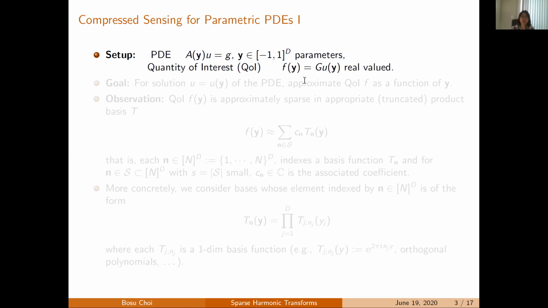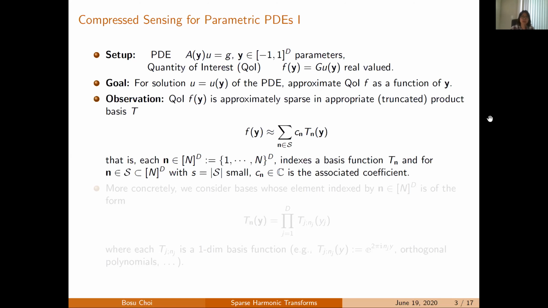Our goal is to approximate this function f as an expansion of some appropriate product basis T. Here, T is the product basis with some index vector. This index vector belongs to [n]^d. Here, [n] is the set of integers between 1 and n.